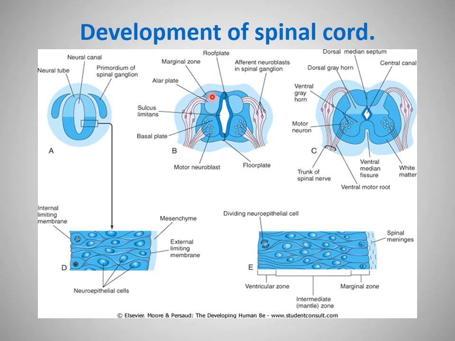Then this alar plate forms the posterior sensory horn of the spinal cord, and it has the sensory neurons, which will give rise to the afferent fibers. So these afferent and efferent fibers will meet in the intervertebral foramina to form the trunk of the spinal nerve. And this is the dorsal root ganglia, which is formed from the neural crest cells.